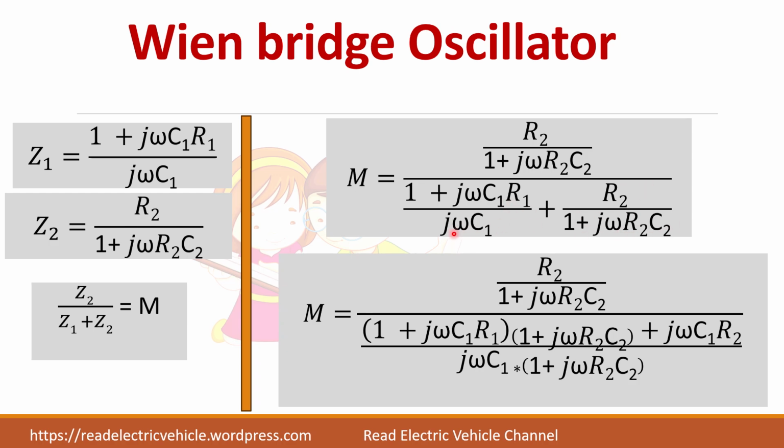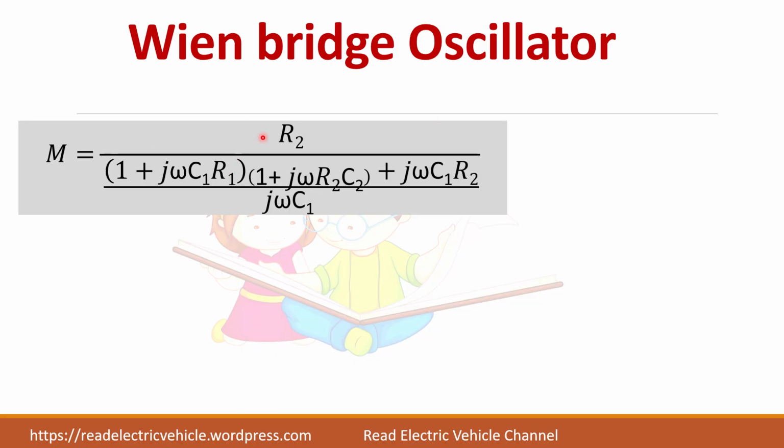So the denominator has two parts. Actually this part and this part are the same, so let us cancel these two, and you have to do the simplification here. Just multiply each term and simplify it. You will get this one.